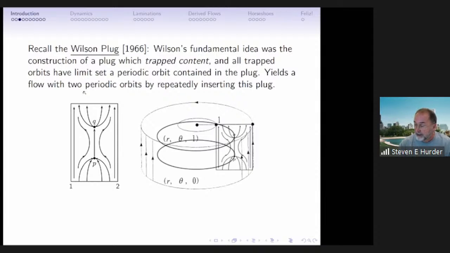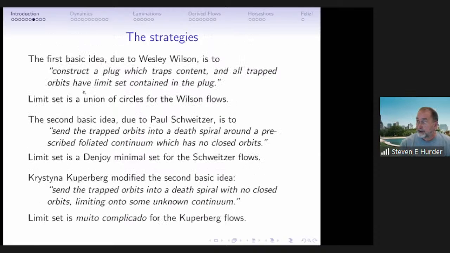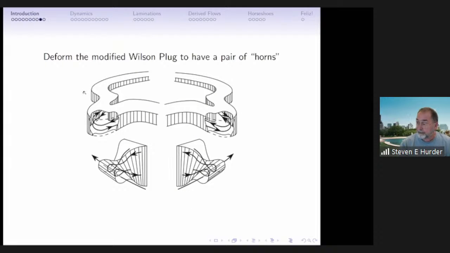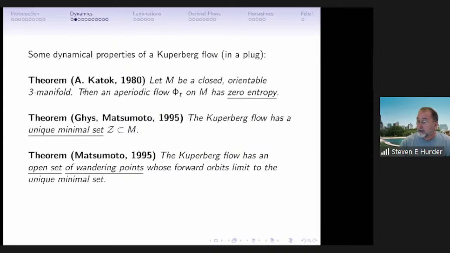And if they don't hit the point, but they spin around and limit on the circle there, in the suspension, you get a circle, well, they're going to be wandering points. So the other thing you get about the dynamics is that the open set of wandering points means that these can never be measure preserving. So you have a highly irregular flow without periodic points that is outside the usual set of techniques.